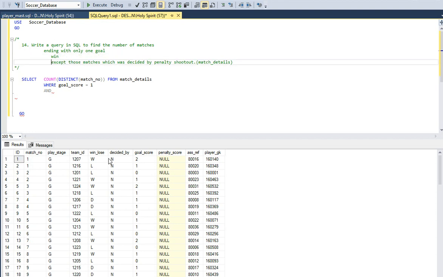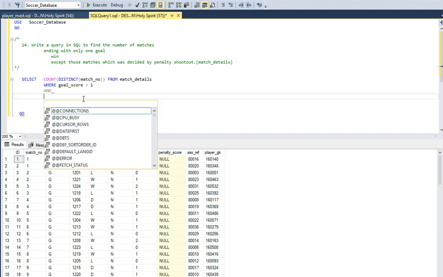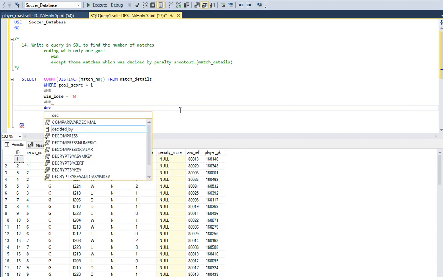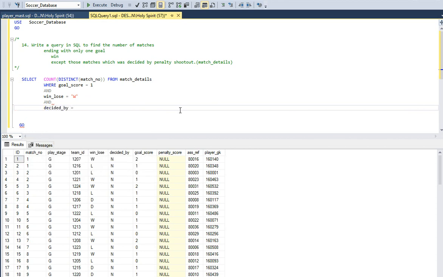This is another one, win lose is equals to win, and another condition again, those matches which was decided by penalty shootout. Okay, decided by P, penalty shootout. There we go. Okay, execute.